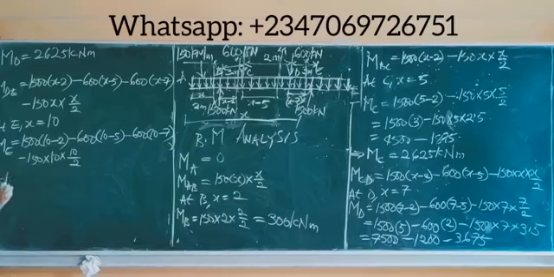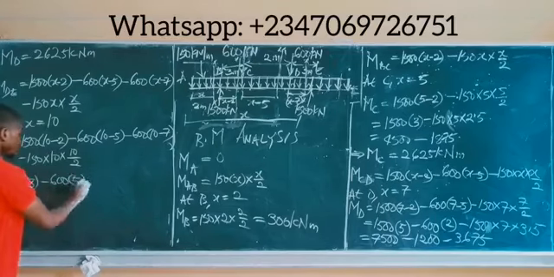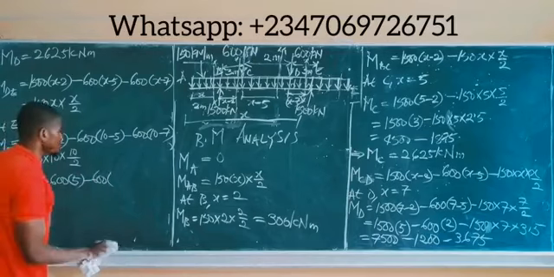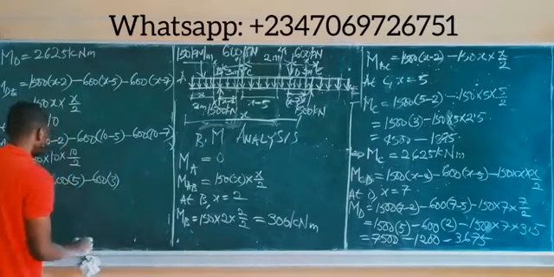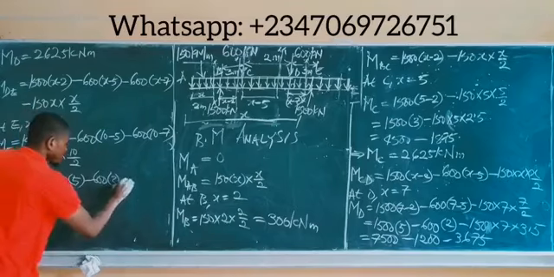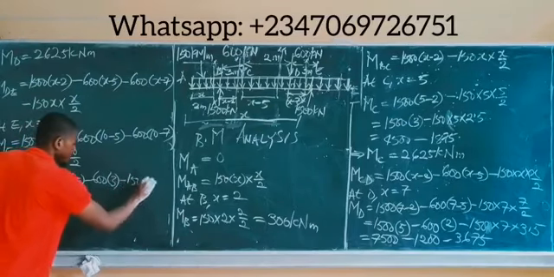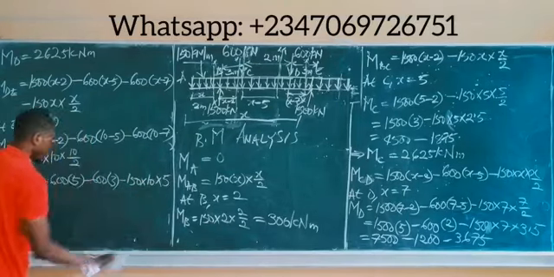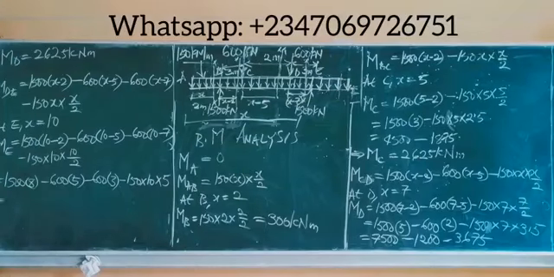This is equal to 1,500 into 10 minus 2 is 8, minus 600 into 10 minus 5 is 5, minus 600 into 10 minus 7 is 3, minus 150 times 10 divided by 2 is 5.